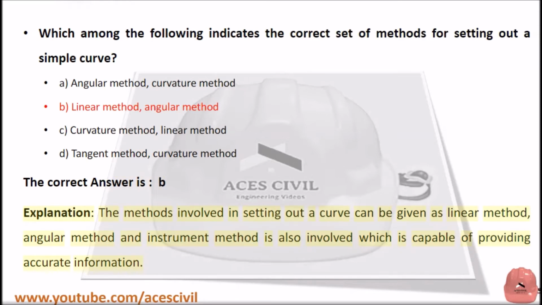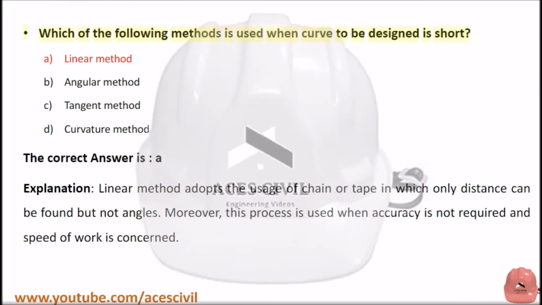Explanation: the methods involved in setting out a curve can be given as linear method, angular method, and instrument method is also involved, which is capable of providing accurate information. Which of the following methods is used when curve to be designed is short? A. Linear method. B. Angular method.